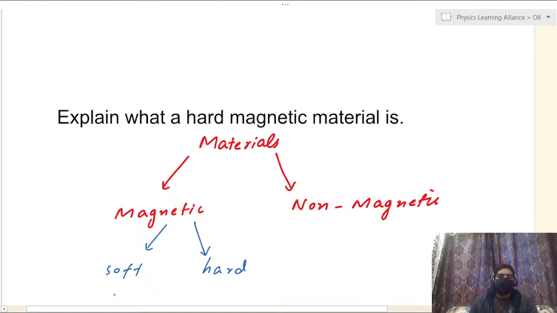The primary example of hard magnetic material is steel. There are a lot of other examples, but these are the ones often used. Non-magnetic materials are like aluminum, copper, and basically all the non-metals are straight away non-magnetic materials.